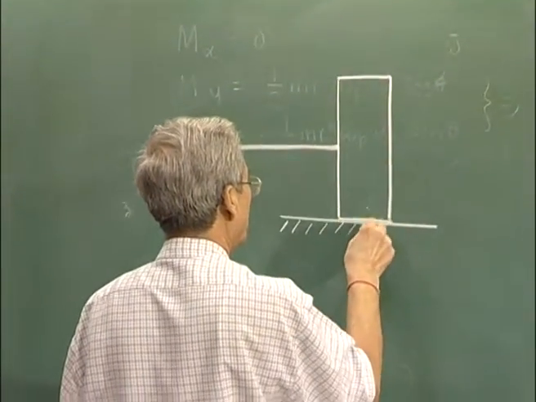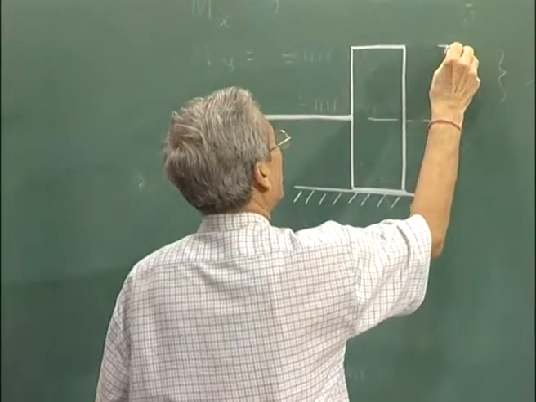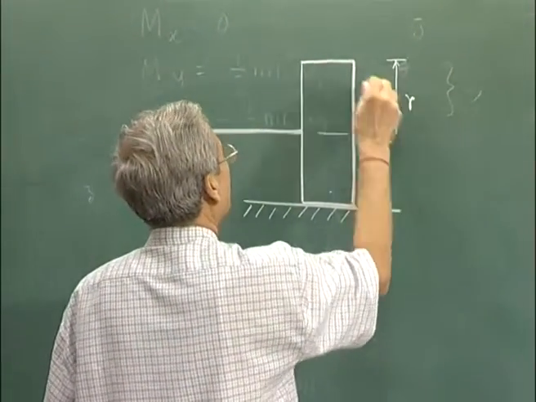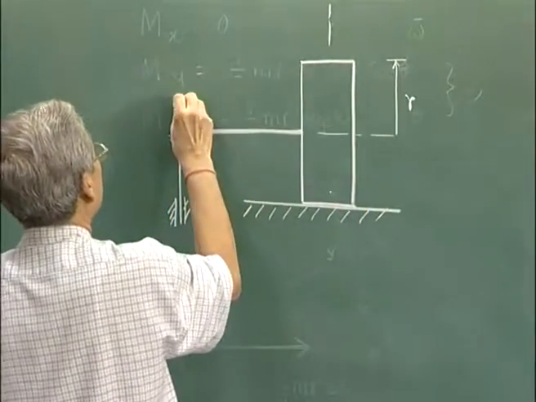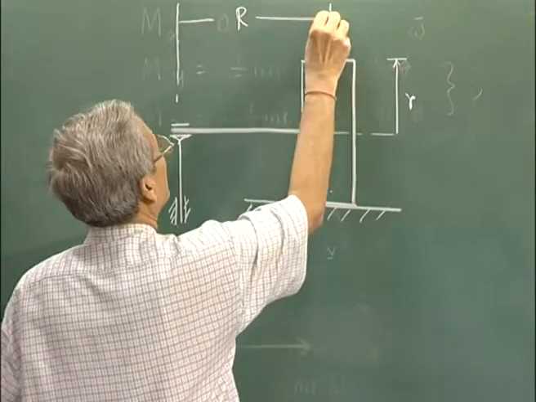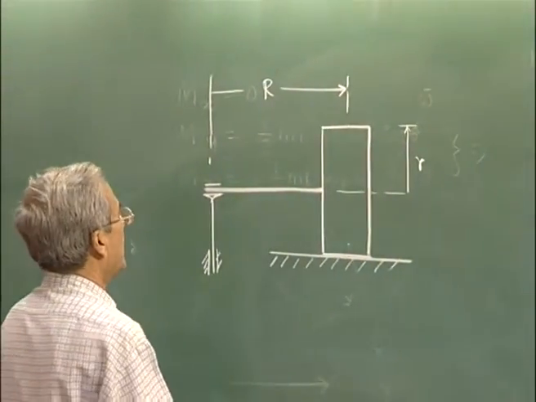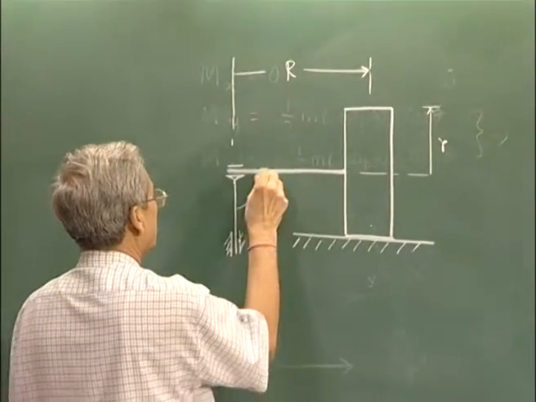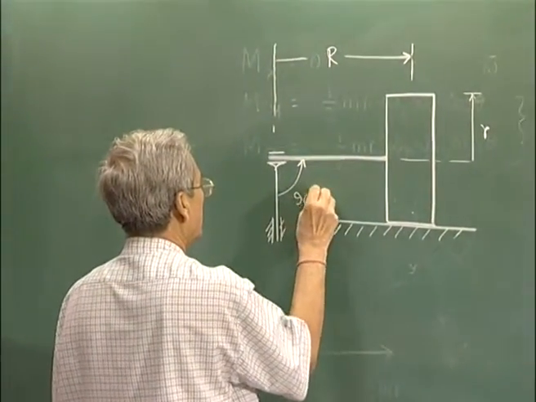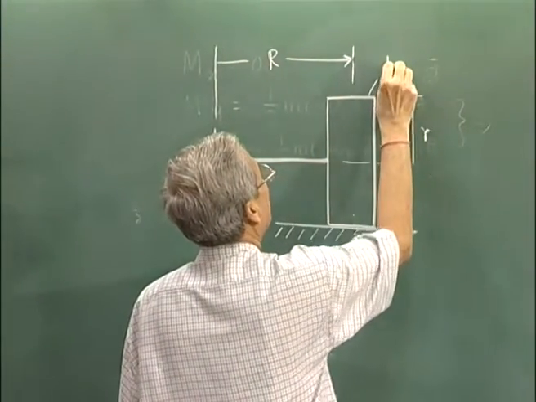This is a simple configuration I am taking, where the radius of the crusher is r, the distance of the median of the crushing disc is capital R, and in this particular case let this be 90 degrees, and the mass of this crusher be m.